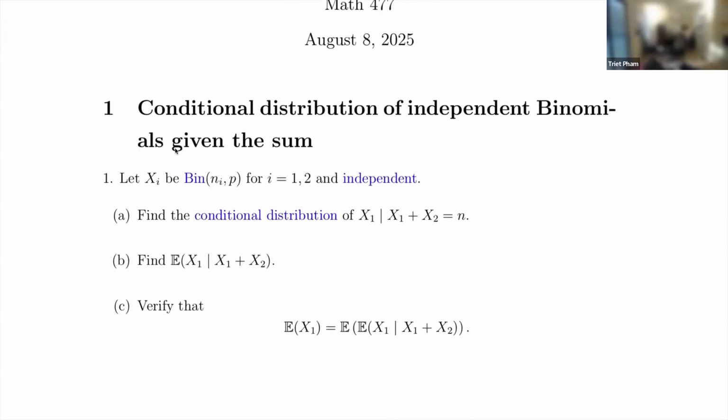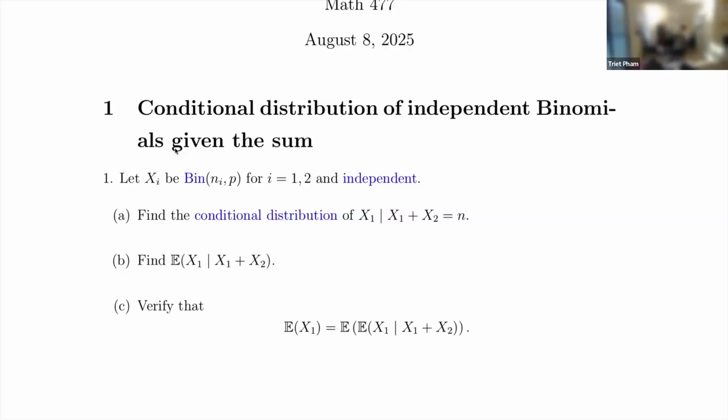The theme is recognizing the conditional distribution. In general, a conditional distribution doesn't have to follow any good pattern, like the one we just talked about in the geometric distribution. But sometimes they follow some really nice pattern, and that's when you want to pay attention because this pattern can come up in other applications.